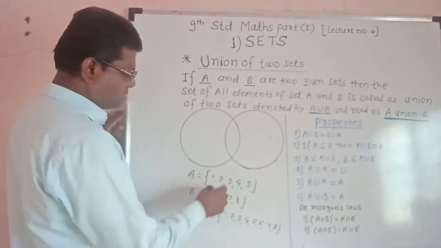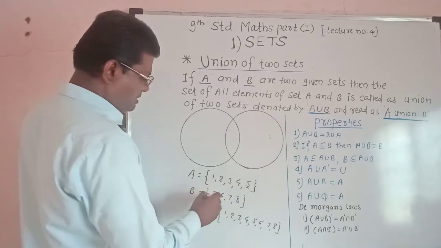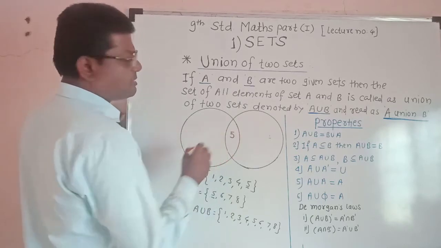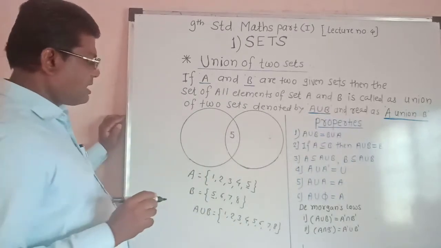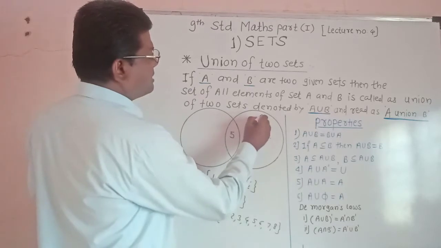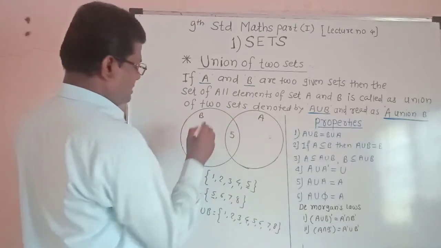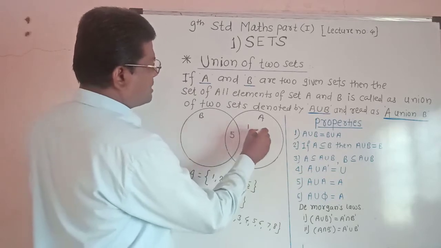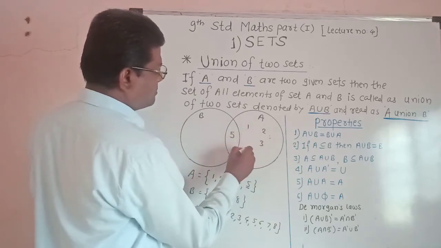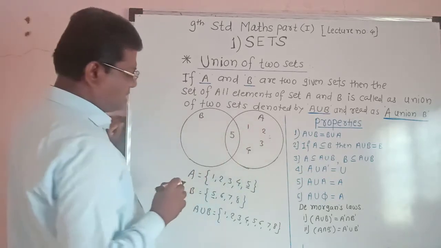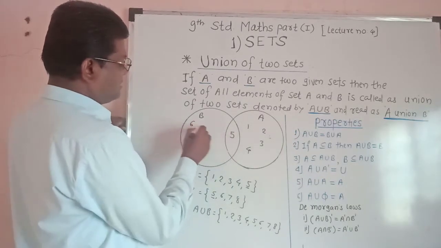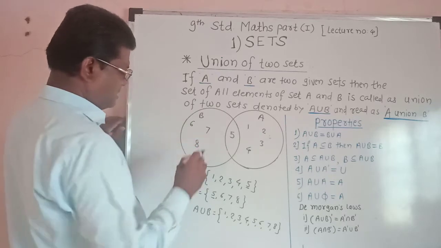Now in these two sets, 5 is a common element that we have to write in the intersecting point. Suppose this is set A and this is set B, then the elements of set A are 1, 2, 3, 4 and this 5 also, and the elements of set B are 5, 6, 7 and 8.